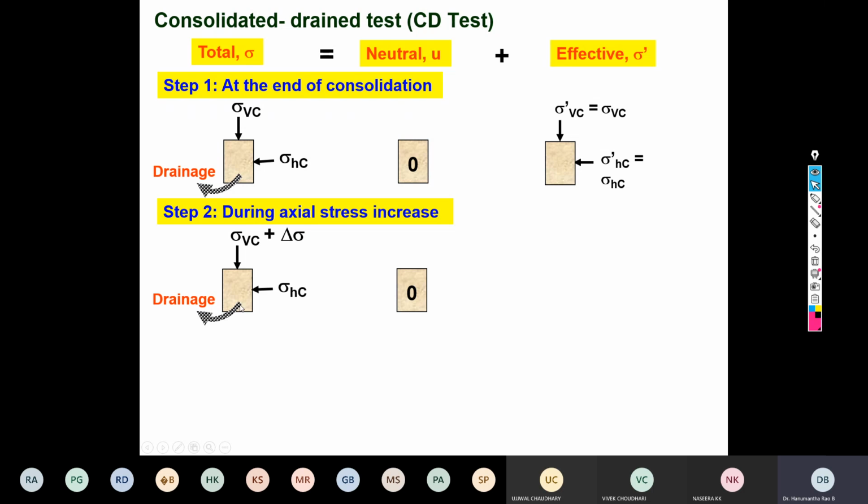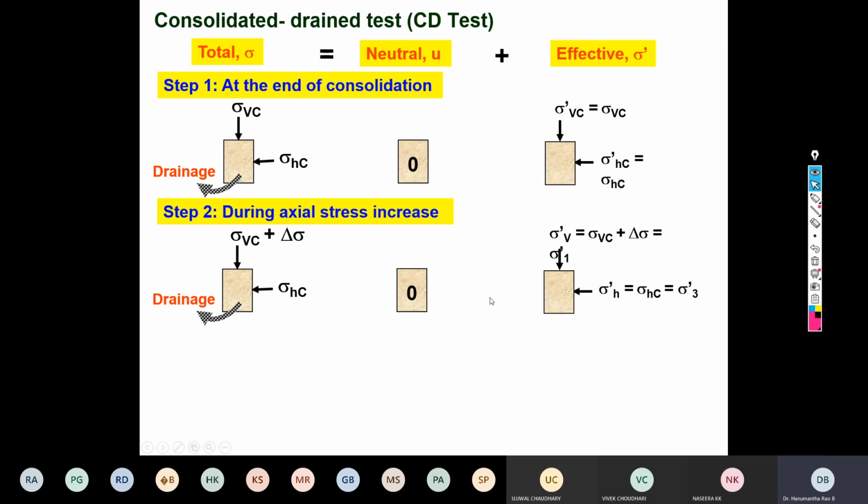Since the drainage valve is opened and the load applied is so slow, the strain rate is quite low, 0.0025 millimeter per minute. So we need to apply the load for at least 15 or 20 days, until the pore water pressure becomes zero.